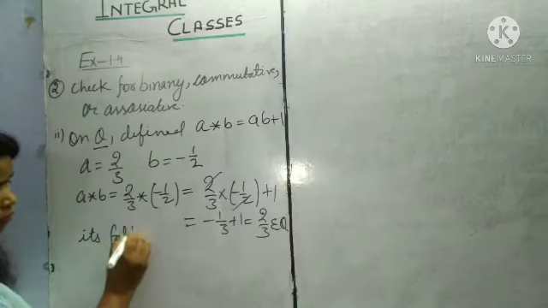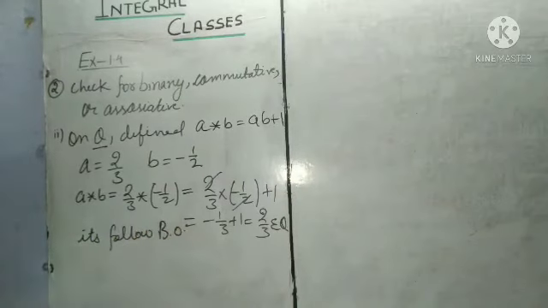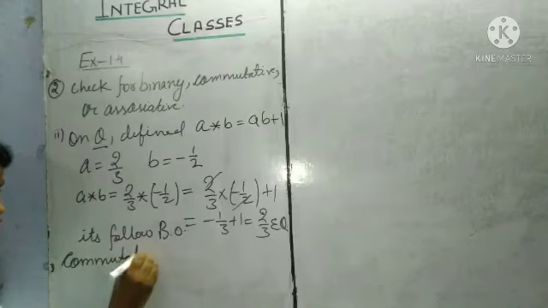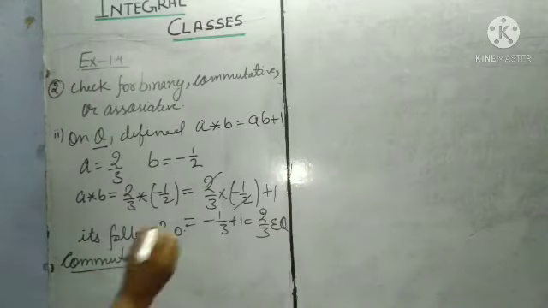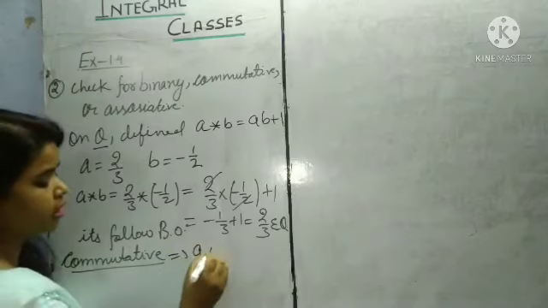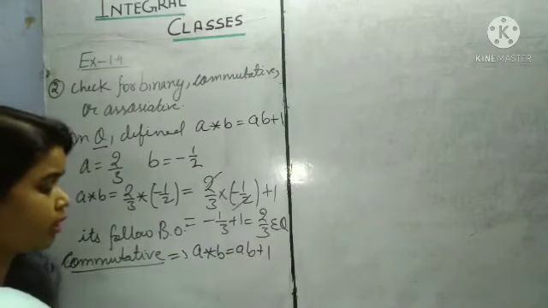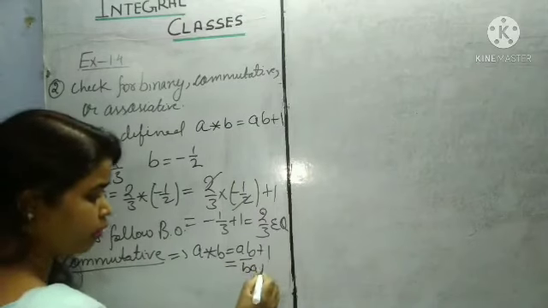Now for commutativity, again we write A star B equal to AB plus 1. Now we will write AB equal to BA.